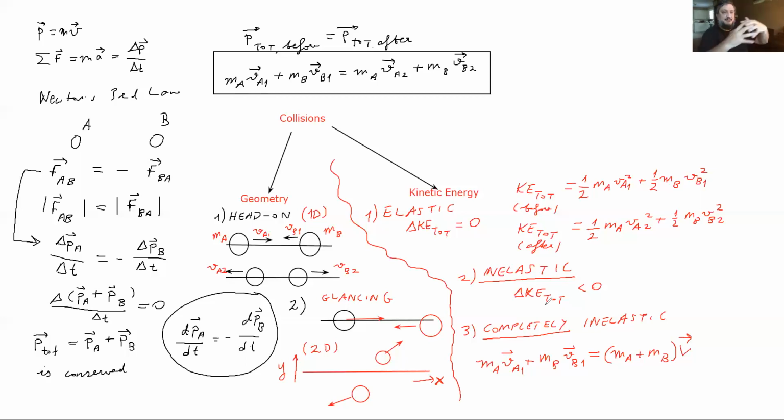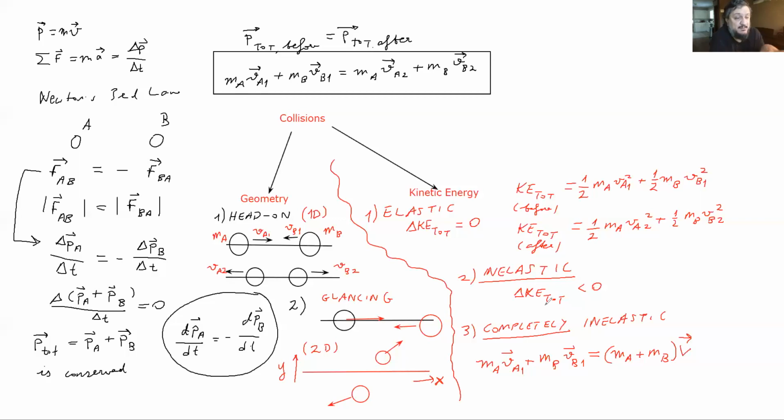They collide and stick together, and then the wreck starts sliding. That could be a completely inelastic collision, but in a glancing way, a 2-dimensional problem. So that's what we're going to do from now on. We're going to go through these combinations and see how we can solve problems.